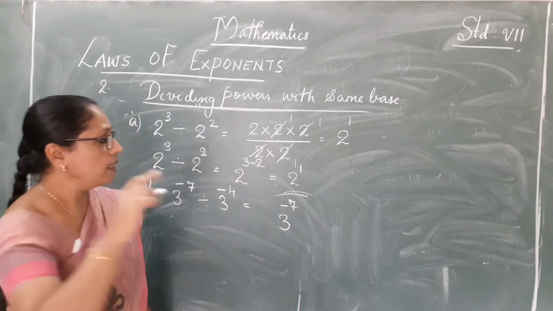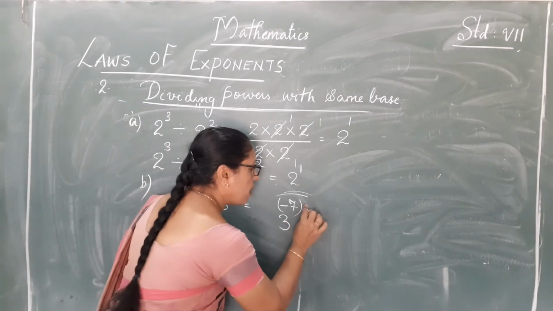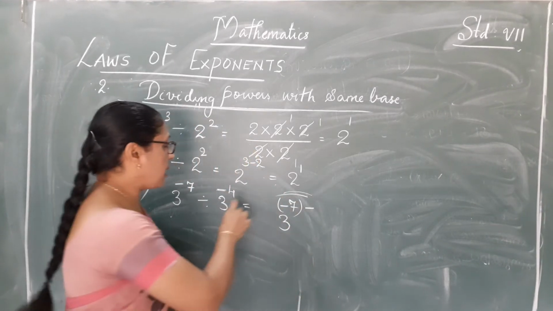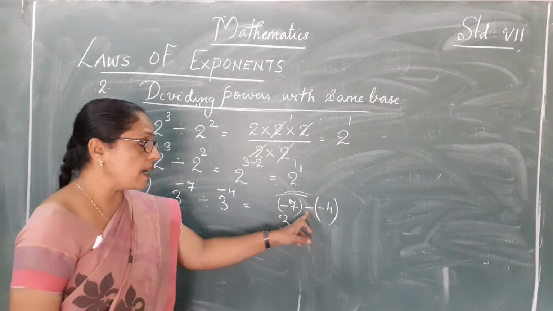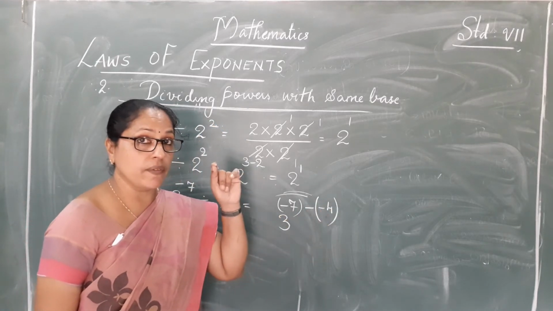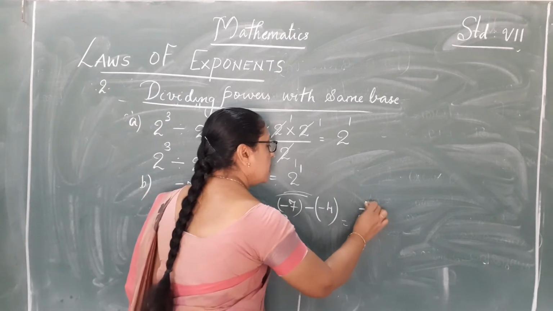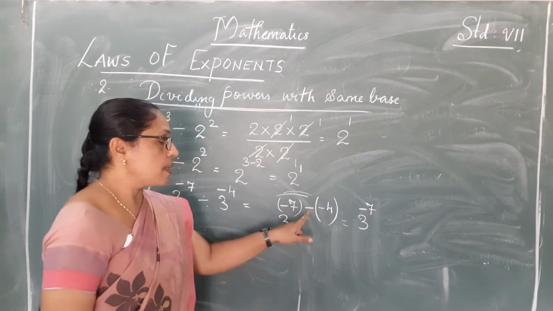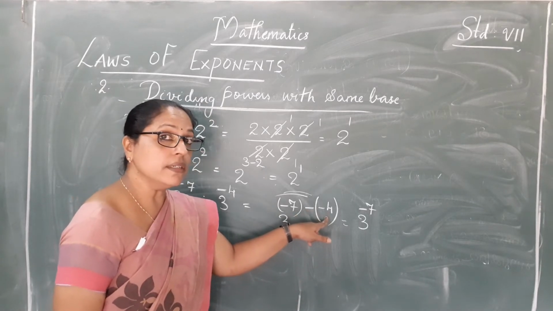Yes, first power. Then the operation is subtraction, minus, right? Second power, negative 4. So when subtraction comes and the powers are negative, you should be very careful. So we get 3 raised to negative 7. Now subtraction changes to addition and this becomes the additive inverse.